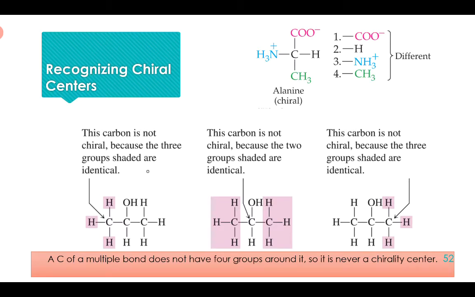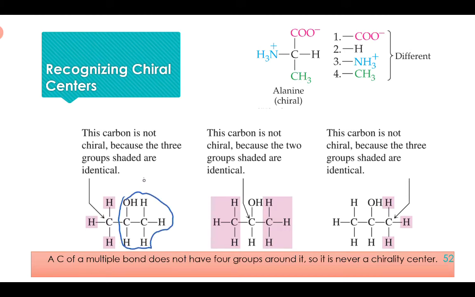Here we have some pictures to help you identify what makes it a chiral center. We are looking for carbon atoms that have 4 different groups on them. So for instance, this carbon here has 3 hydrogens and this 4th group.